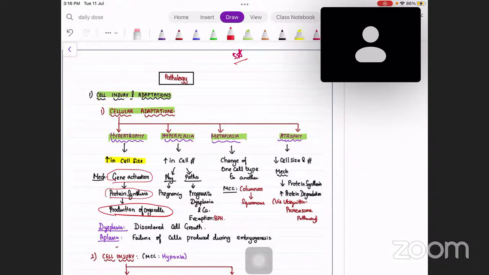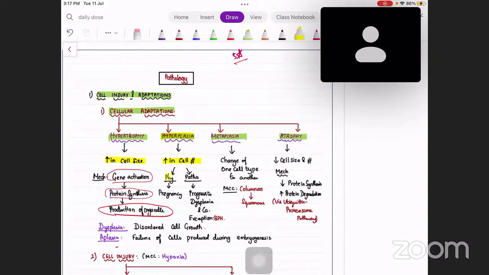Then you have hyperplasia. Hypertrophy is increase in cell size, while hyperplasia is increase in cell number. You have to know that. Hyperplasia could be physiological and pathological.